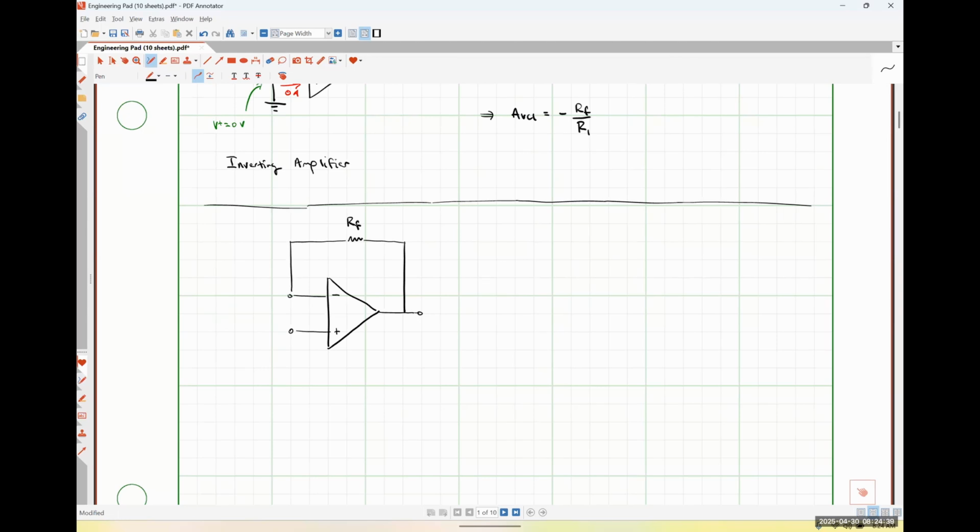And then on the inverting input side, between the inverting input node and what we have to the left, instead of having a single resistor, I'm going to put multiple resistors here. I'm going to derive this with 3, but we could realistically have more than 3 resistors here very easily.